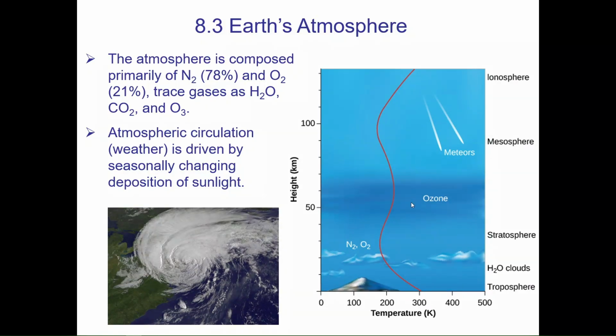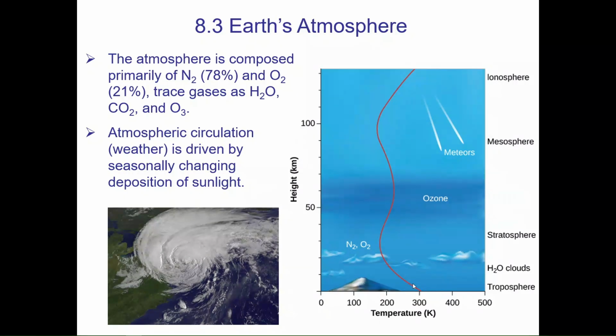Near the top of the stratosphere, we have the ozone layer, and ozone is actually 3 oxygen atoms. The ozone layer helps us block most of the high energetic radiation such as gamma rays, X-rays, and ultraviolet. Above the ozone layer, we have the mesosphere, and finally the ionosphere.